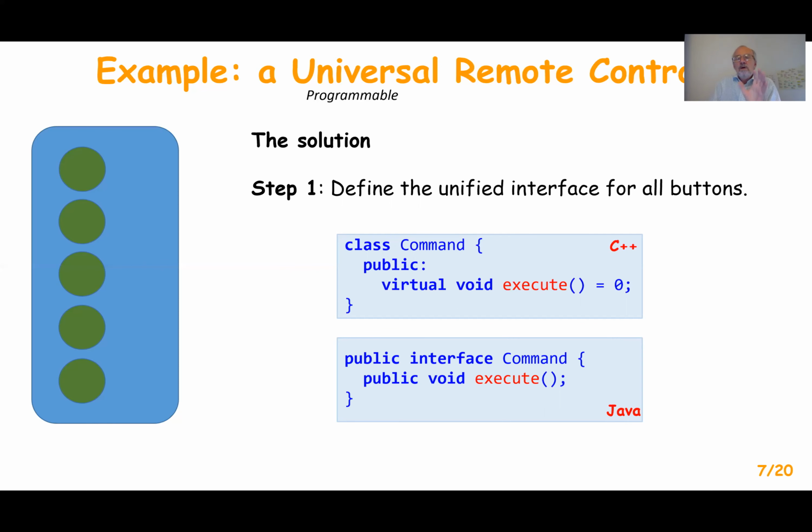So we assume that our hypothetical universal remote control has this interface. Namely, each button has the same interface. It understands only one functionality, execute. Okay, let's go on.